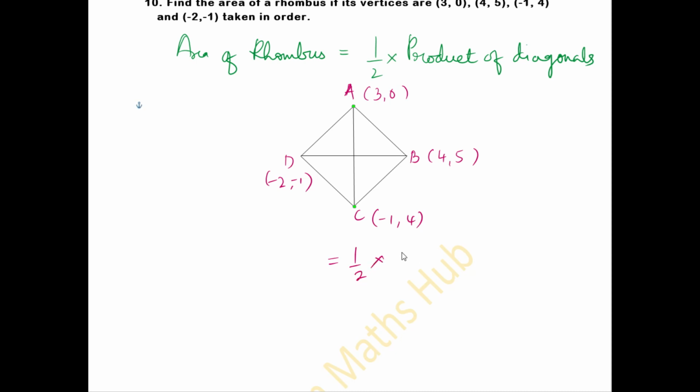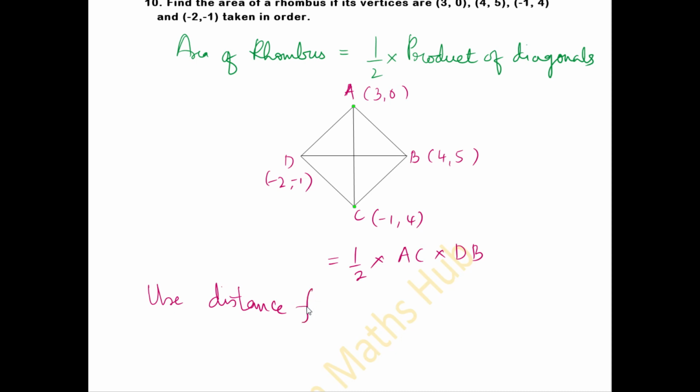Half into, that is AC into DB. We need to find out the length AC and DB. How to find out the length? Can you use section formula? Can you use midpoint formula? No. To find out the length, we should use what? Distance. That is the length.